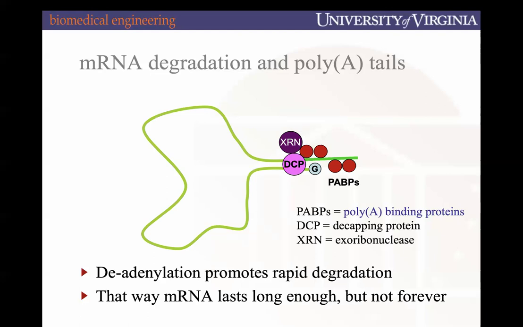We need something that protects the 3' end. So the presence of the poly-A tail is a signal for these poly-A binding proteins to bind to that 3' end and protect that end. Exoribonucleases want to work from the ends. So the 5' cap protects the 5' end. The poly-A tail, with the presence of these poly-A binding proteins, protects that other end.